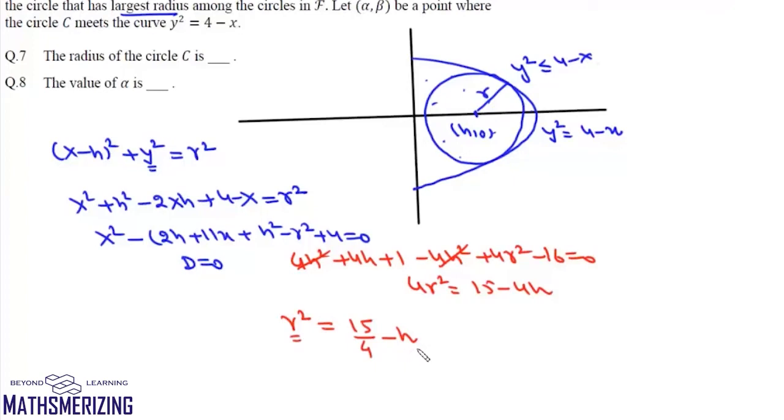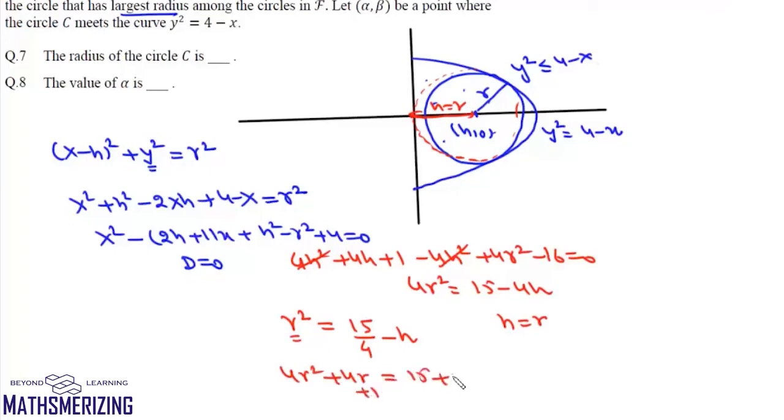Now what is the smallest possible value of h? Now we can consider this h till the point where this circle is big enough to touch this y-axis. So in that case, this h and r will be equal. So for this largest circle, this h must be equal to r. Now if you put h as r, we get 4r square plus 4r equals 15.